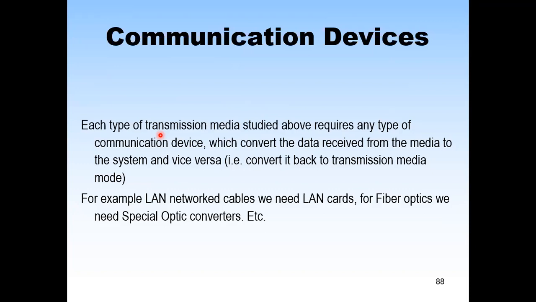For example, after cable, shielded twisted pair cable, we have a communication device, for example a LAN card or modem or any other device which converts the data received from the media for the system, and vice versa, while transmitting it is converted back to the transmission media mode. For LAN network cables, we need LAN cards. For fiber optics, we need a special optic converter, etc.